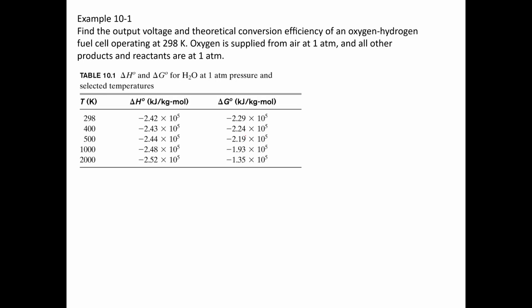Here we have a table that gives the change in enthalpy and change in Gibbs free energy for water at 1 atmosphere at selected temperatures. So basically what's happening is that that's giving us the delta H for the reaction and the delta G for the reaction that produces water, right? The reaction of hydrogen and oxygen produces water.